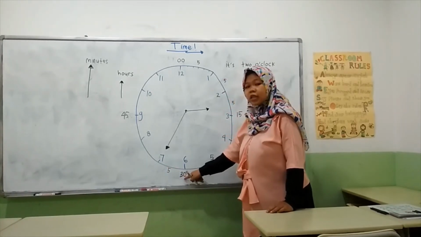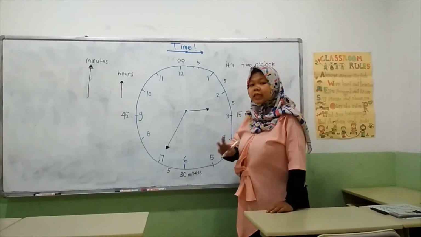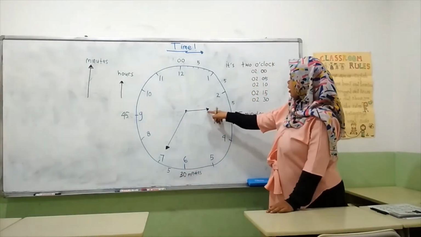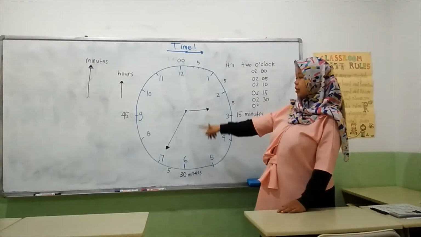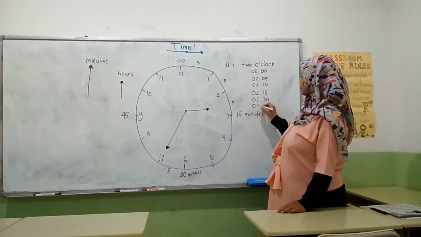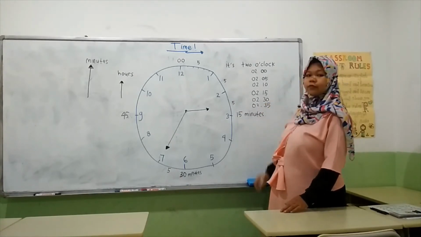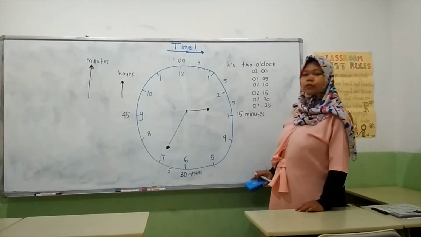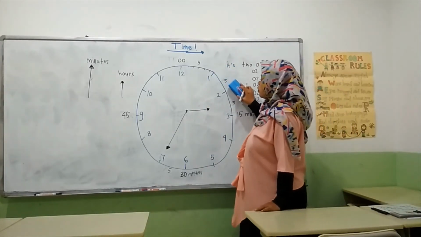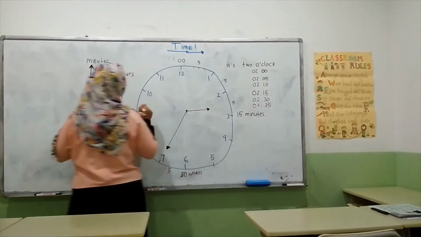It will be 30 plus 5, which is 35. So it's still 2, and it's 2:35. Just like that. Get it right? Now I need to erase.